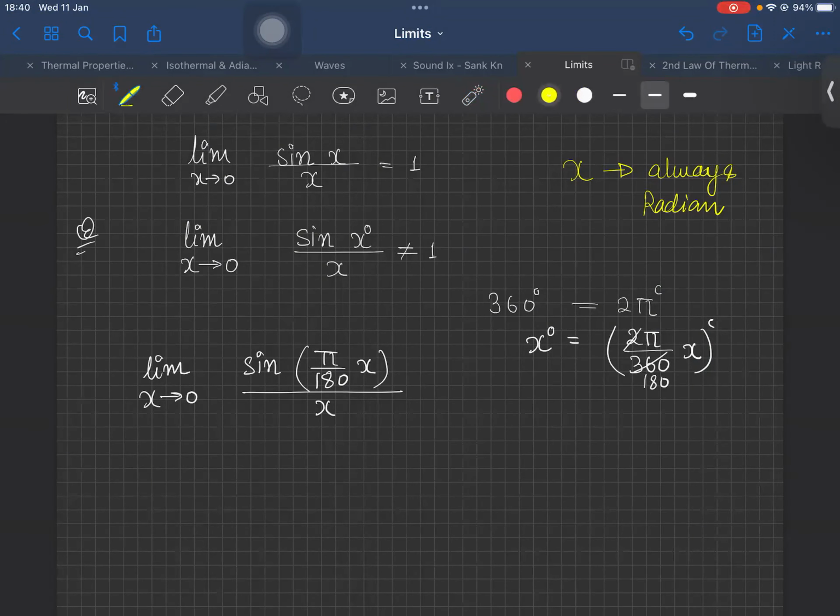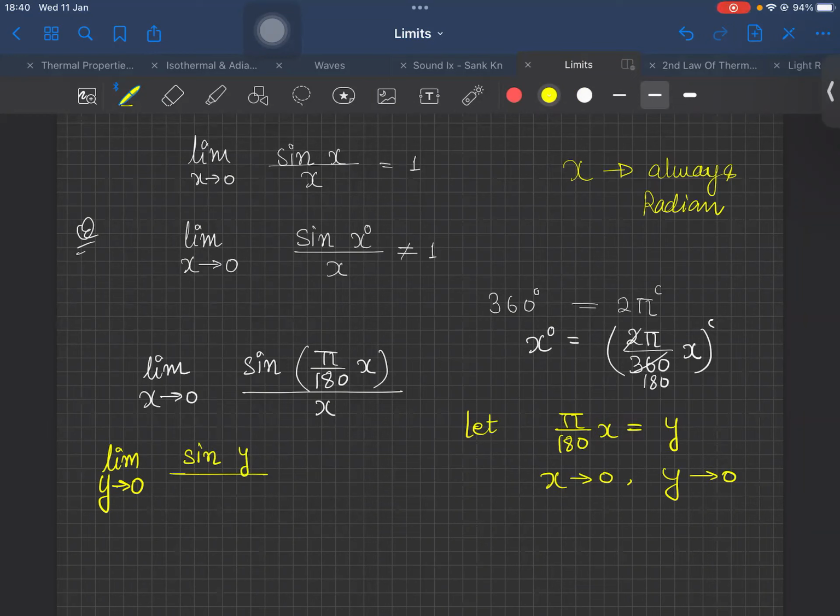You can assume pi by 180 x is equal to a new variable, some variable y, t, z, whatever you want. If x is tending to 0, y is also approaching 0, right? If you substitute x is equal to 0 here, you'll get y is equal to 0. So you can write the same limit as limit y tends to 0 of sine y upon x.